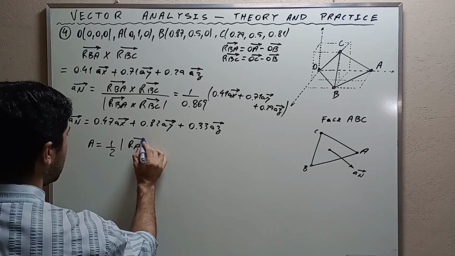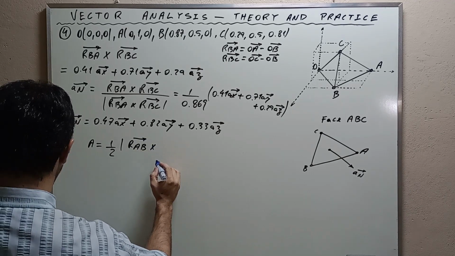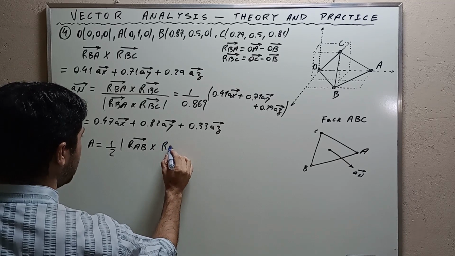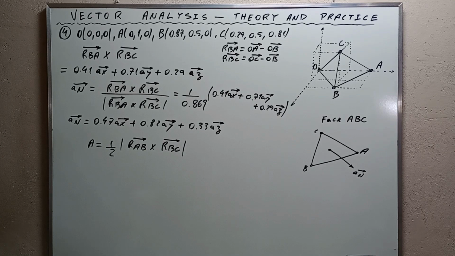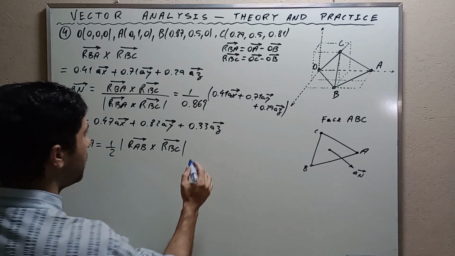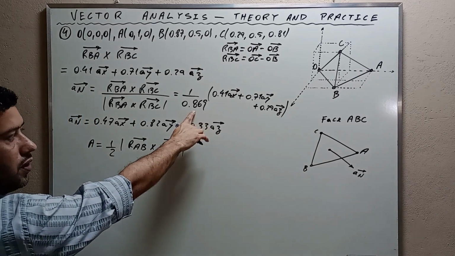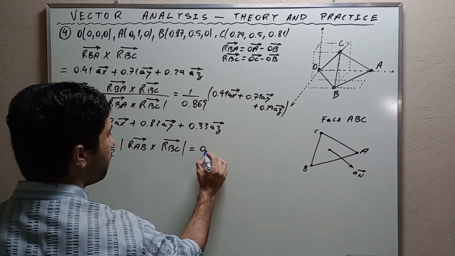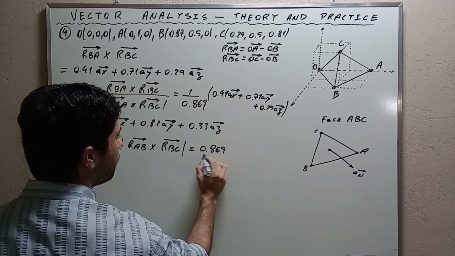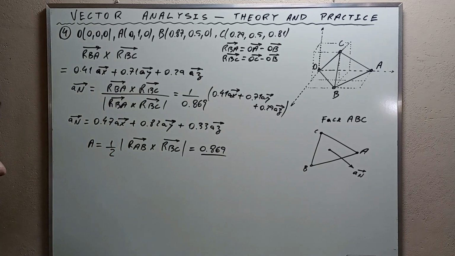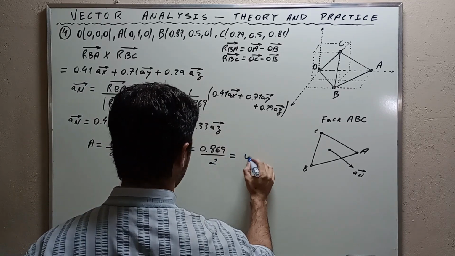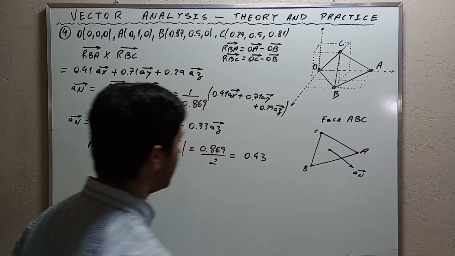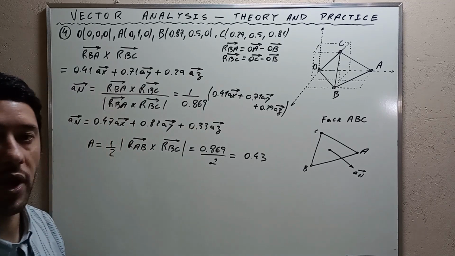R_AB cross R_BC, and we want the magnitude only, and this is simply the magnitude divided by 2, 0.43. And this is all for the video, my friends.